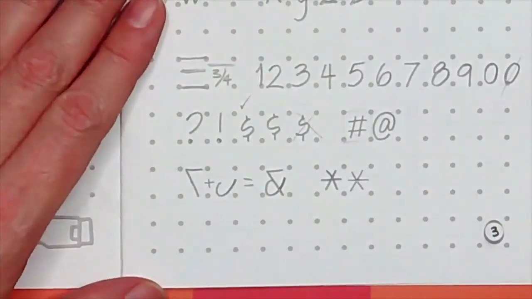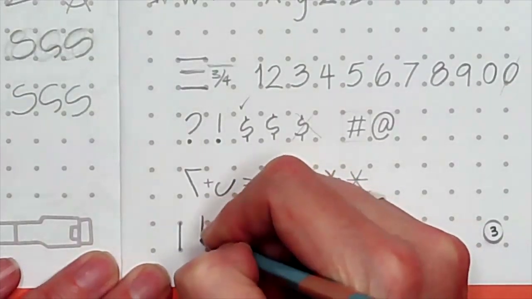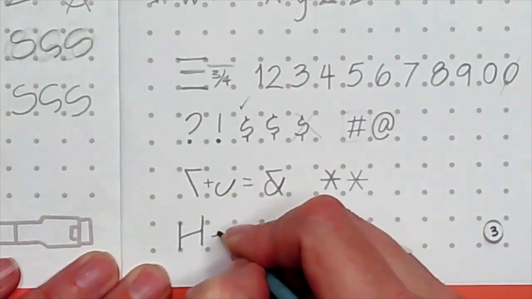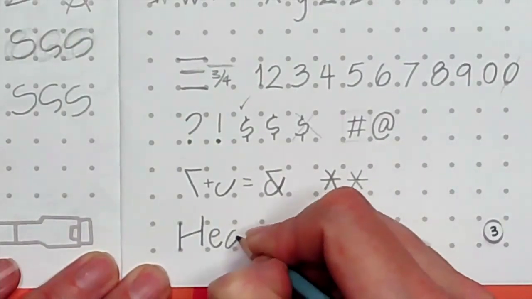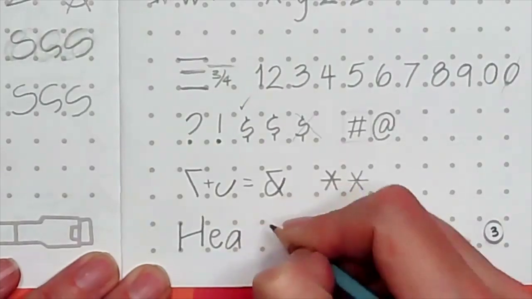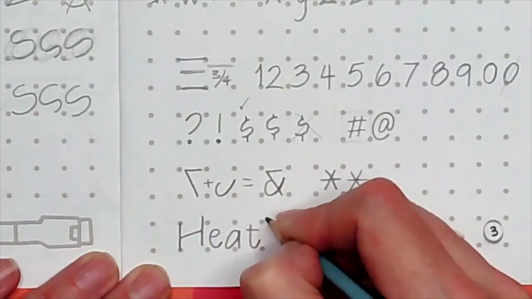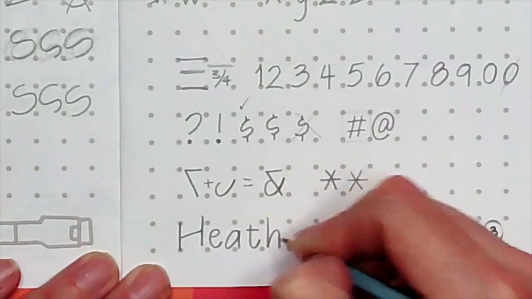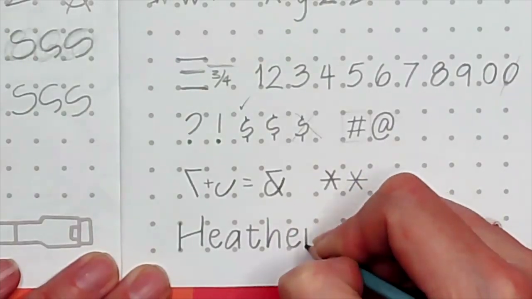But practicing names, remember, this is a great way to practice your uppercase, your lowercase, and then the spacing in between. We do optical spacing, remember. So we're not trying to make a letter per box. We're actually writing the spaces in between are more equal than that because each letter has its own shape.